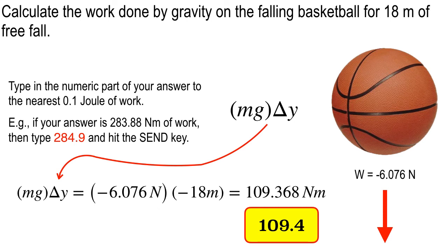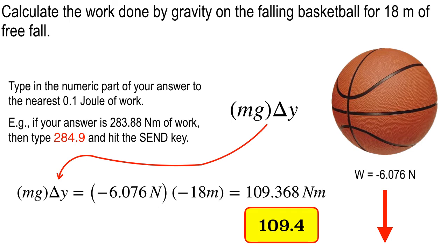But on a written exam, if you wrote down Newton meters instead of joules, it would still be correct. If you wrote down kilogram meter squared per second squared, Deanna, that would still be correct. All right. So they're interchangeable. It's just, sometimes, one is nicer to use than the other.